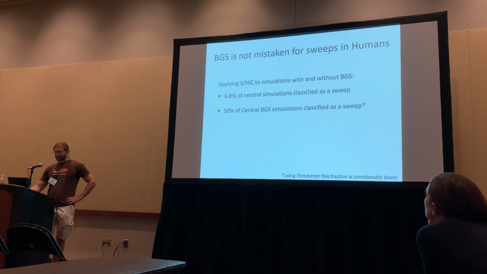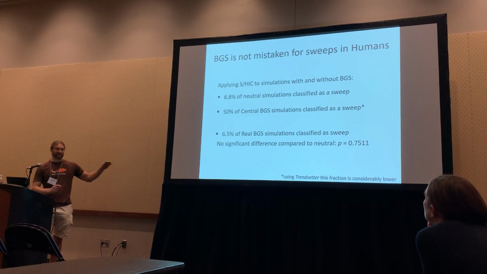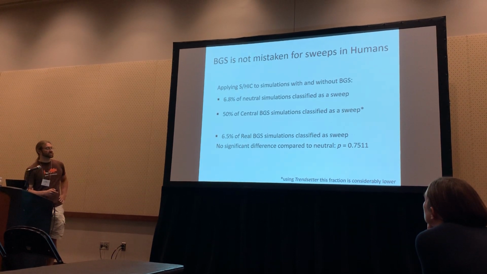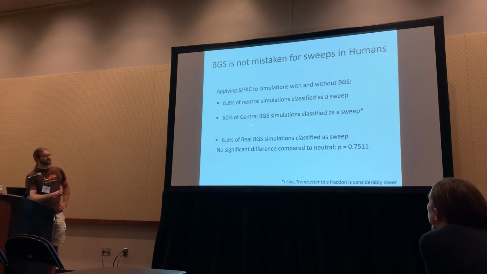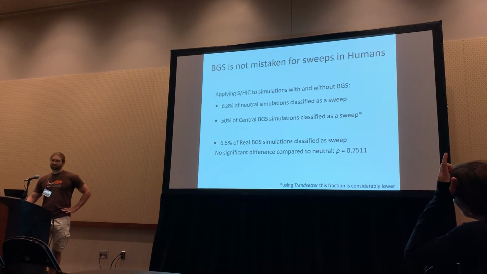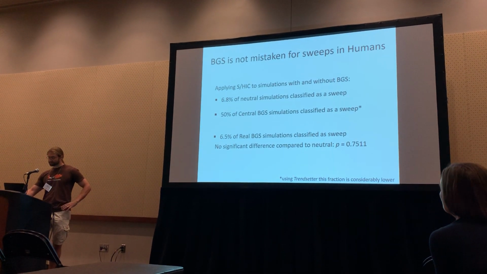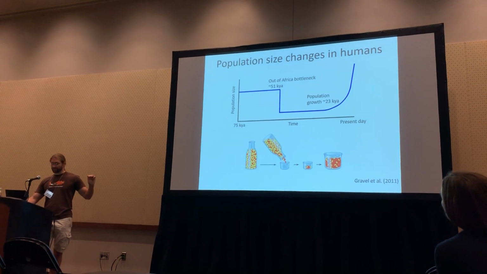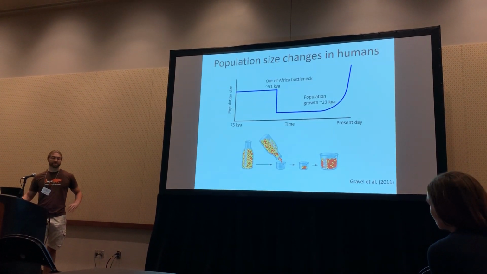That seems pretty bad, but if we switch to our real BGS model, where we're drawing locations of selected sites from the genome, then we see no significant difference between the neutral case and the BGS case. So here, it doesn't seem that BGS is fooling us into thinking that there are patterns consistent with selective sweeps. But this is under constant population size, and population sizes are certainly not constant in humans.